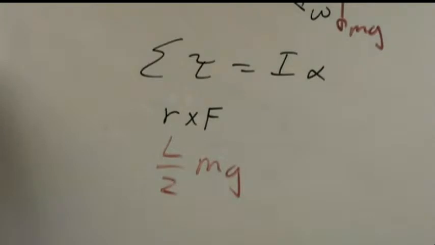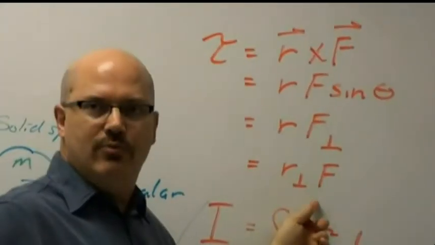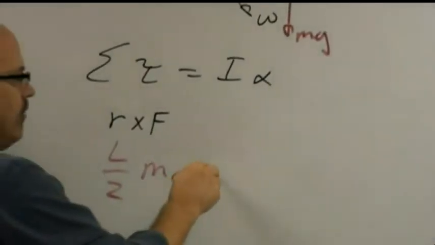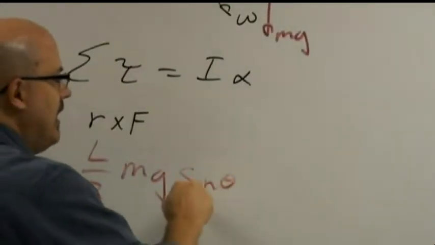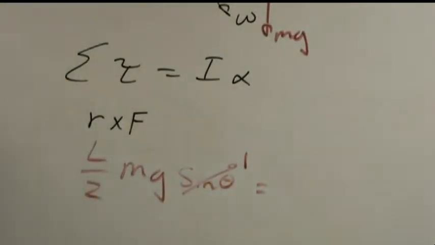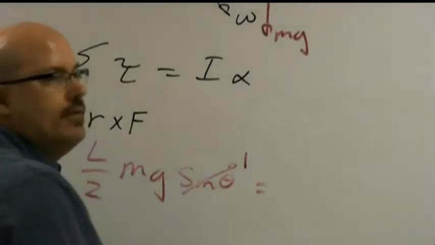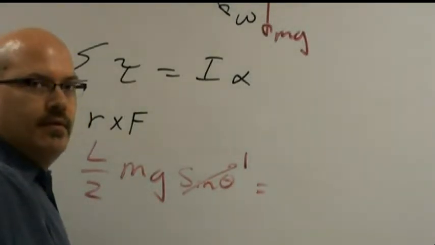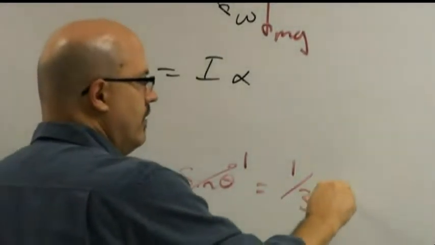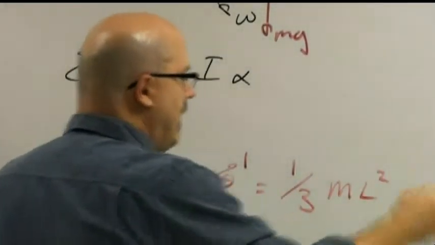We have this situation here, right? We are perpendicular, so our force is already perpendicular, so we're in business. I'm going to write it down anyway, just so you see it. Our sine theta is 1. Moment of inertia of this thing: 1/3 ML squared, times alpha.